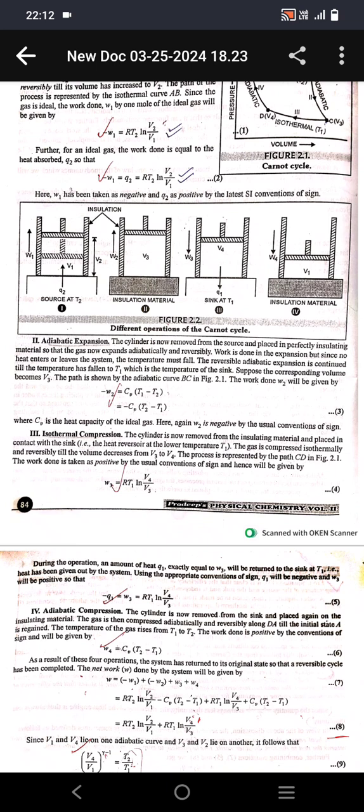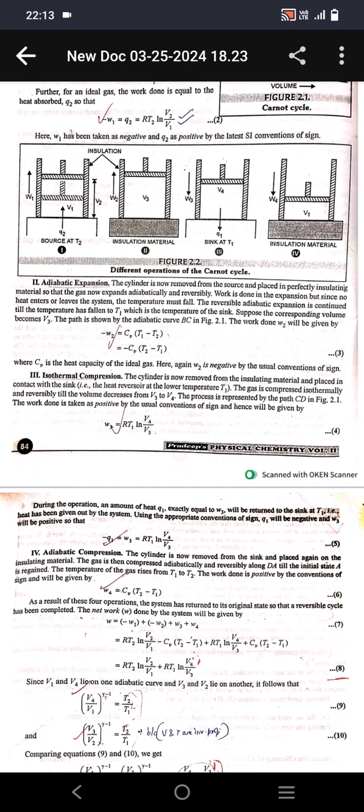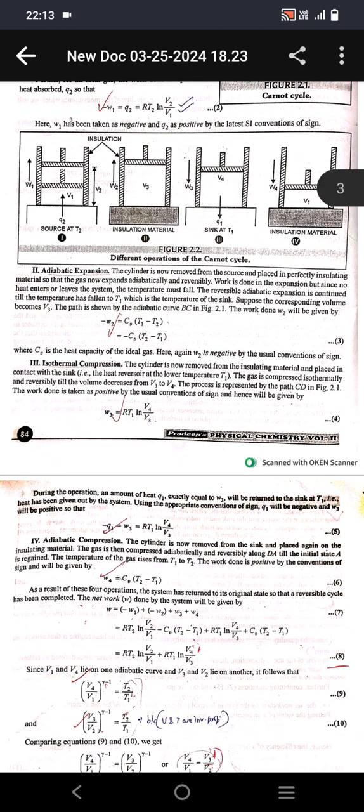The reversible adiabatic expansion is continued till the temperature has fallen to T1, which is the temperature of the sink. Suppose the corresponding volume becomes V3. The path is shown by the adiabatic curve BC. The work done W2 will be given by the expression, where Cv is the heat capacity of the ideal gas. Here again W2 is negative by the usual convention of sign.